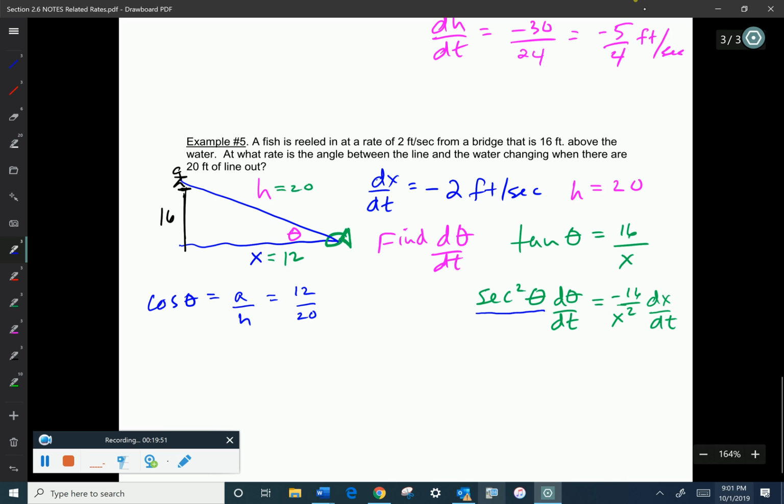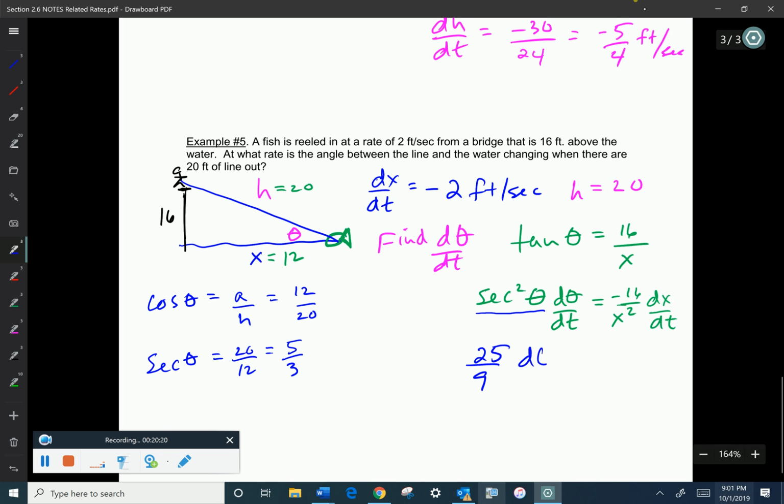So doesn't that mean secant of theta would be 20 over 12, or if we reduce it, dividing by 2, 10 over 6, so 5 over 3. That makes sense? Okay, so secant is 5 over 3. That means secant squared would be 25 over 9.